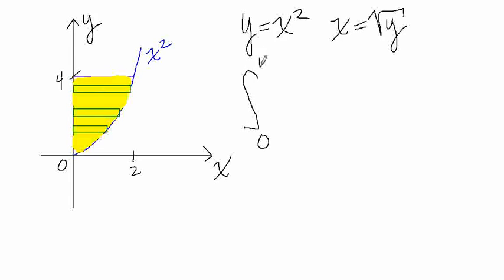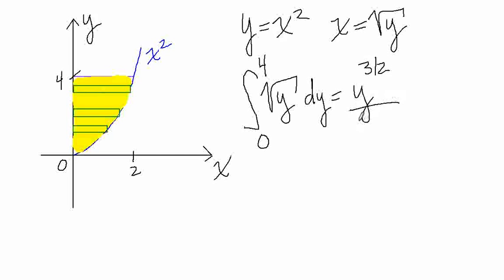The integral from 0 to 4 of the square root of y with respect to y. So let's go ahead and find what that's equal to. So doing that integral, we get y to the 3/2 divided by 3/2 evaluated with respect to 4 and 0.